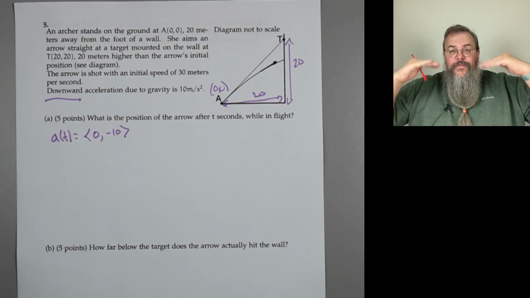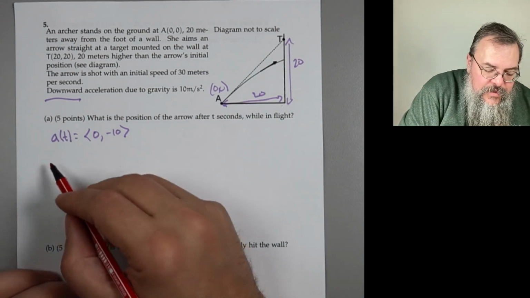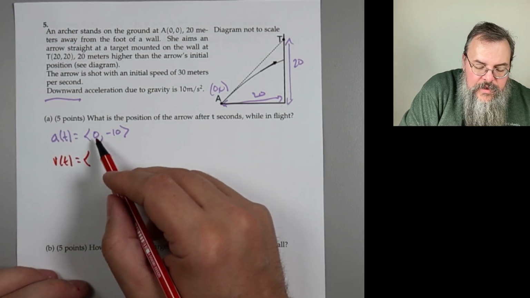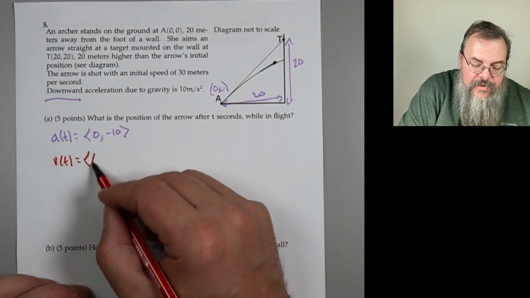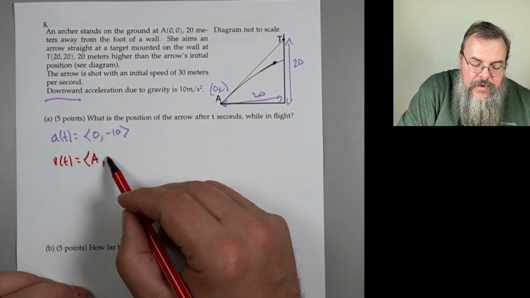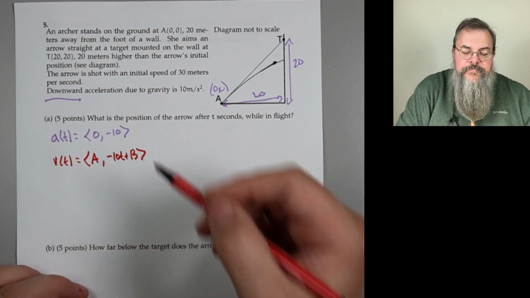So acceleration, velocity, position. So velocity. We're going to say velocity is, well, 0, integral of 0 is 0 plus a constant. And then we have, oh, negative 10t plus a constant.